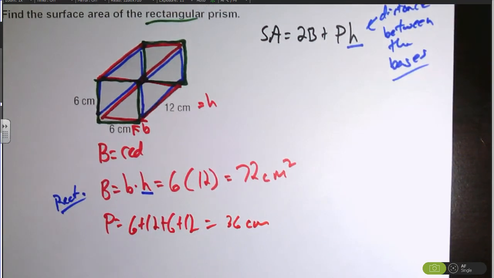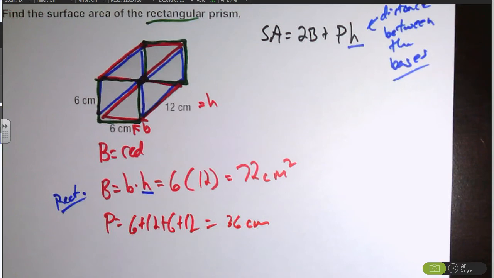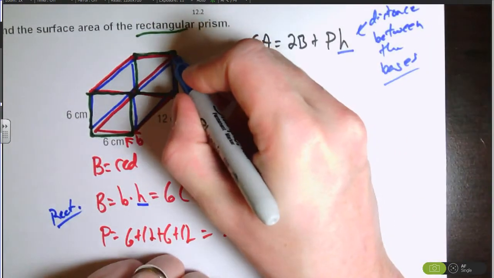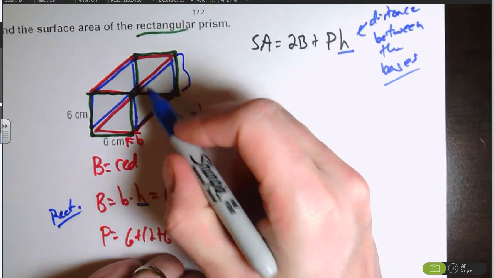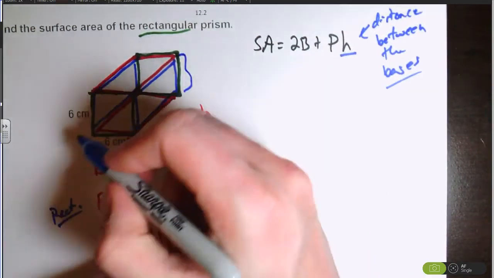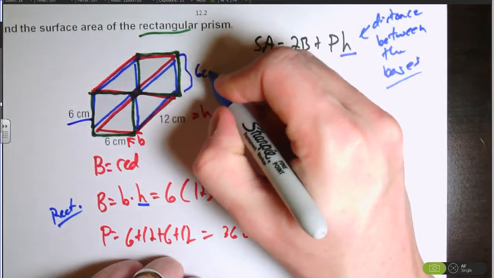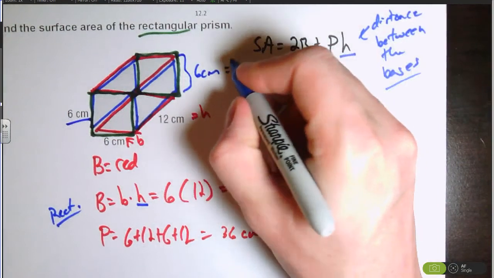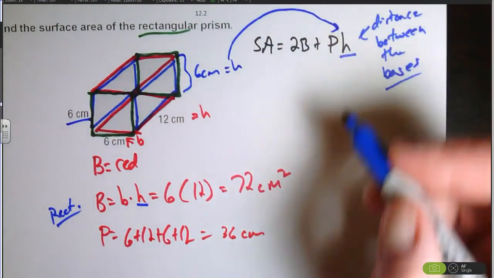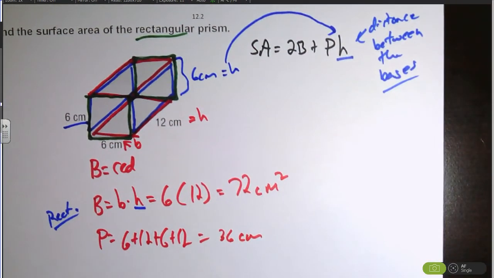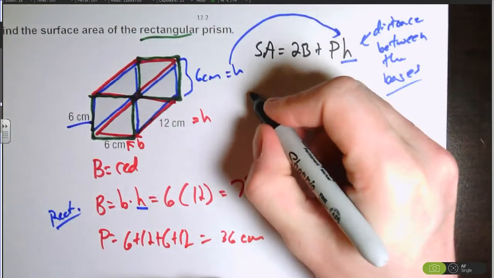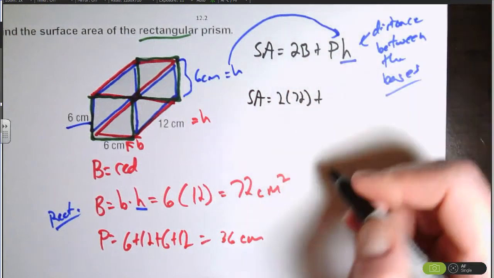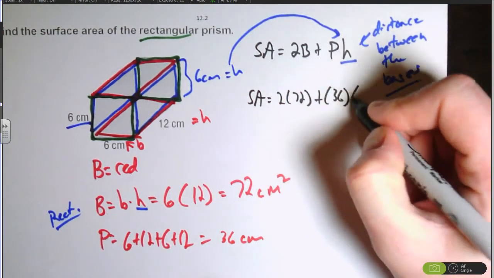Now, like I said, the last thing I need then is the height. And the height for the prism, which is what the h stands for in the formula, is the distance between the red base and the red base, the two rectangles. Well, how far apart are those? Right here, 6 centimeters. Okay. So it's that height. So surface area is 2 times the area of the bases plus the perimeter of the base times the height.